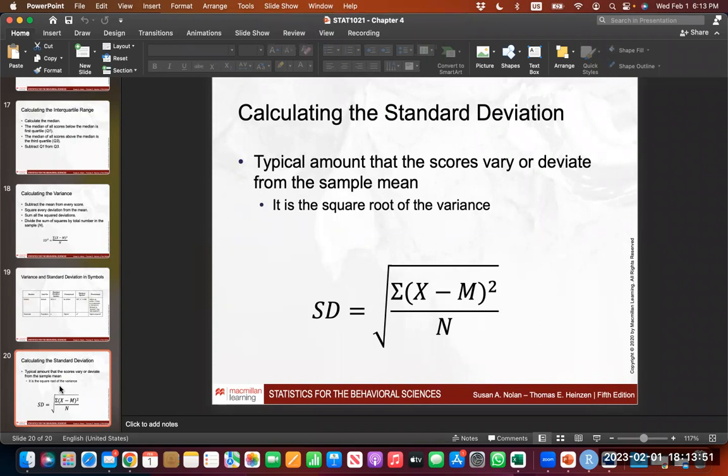And if you have negative values under square root, which hypothetically could happen with a skewed distribution, you have an irrational number. So you cannot use a negative sign under square root. So that's why that squaring is so important. You need that step in between to take the sign out.